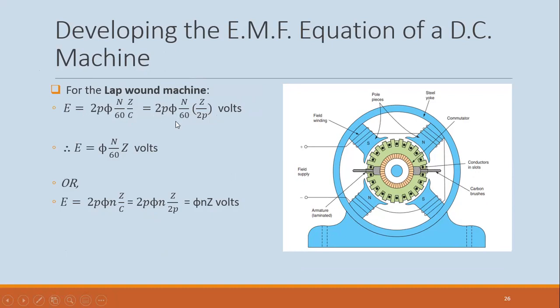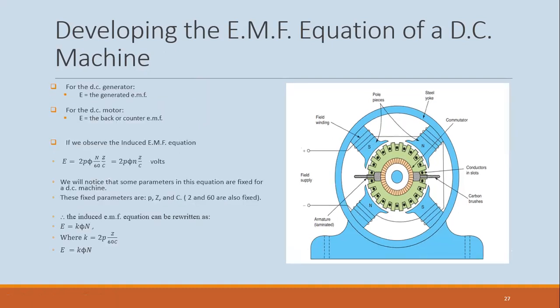We're left with phi n over 60 times Z, or phi n Z. You can follow the derivation down to here. All right, so we have equations for induced EMF in the DC machine.